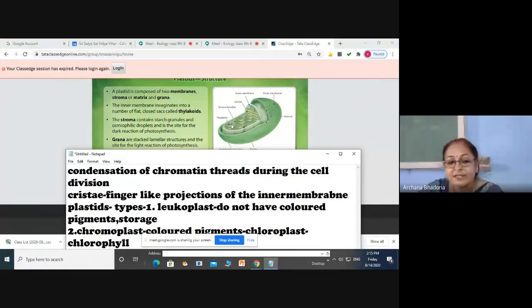These sac-like structures are the thylakoids, and these thylakoids are placed one above the other. Just as we place coins one above the other, the thylakoids are placed one above the other. When they are placed like that, they form one unit, like stacks of coins, and you call that structure granum or grana lamellae.